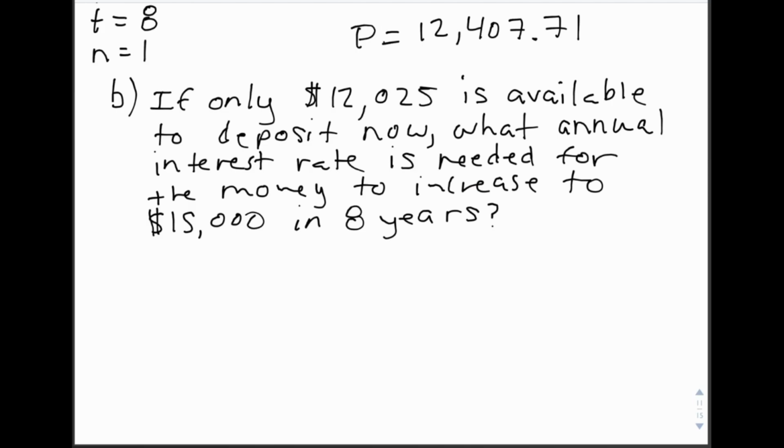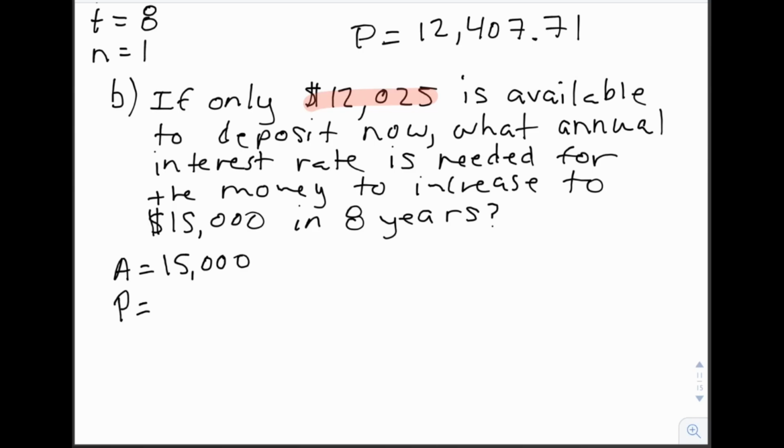So we can move on to part B here. It states, if only $12,025 is available to deposit now, what annual interest rate is needed for the money to increase to $15,000 in 8 years? So let's go ahead and write the information that we know. Again, we know that our A is going to be equal to $15,000. We know that our P now is going to be equal to, what did it tell us?